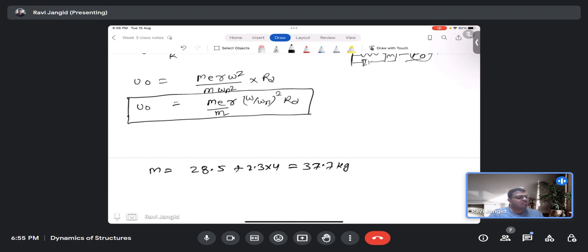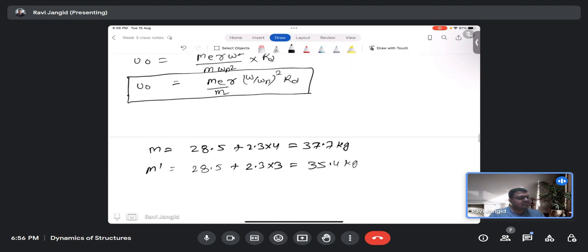But now one blade is folded down, so my updated mass will be 28.5 plus 2.3 into 3. That is 37.7 minus 2.3, which comes out to 35.4. So now using this m dash, can you find out omega n?